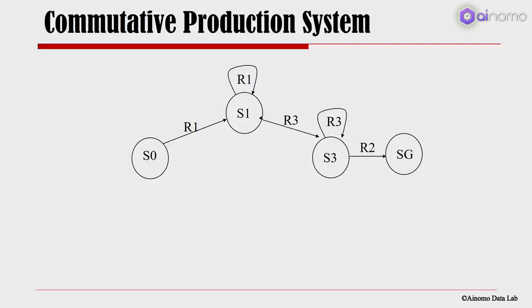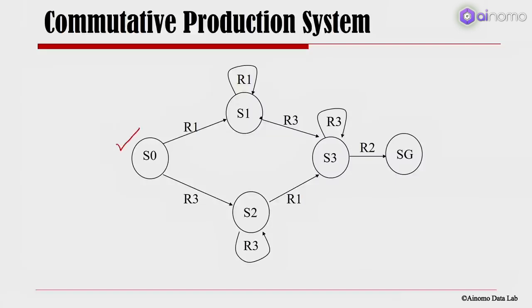But any other combination of these three could also take me to SG if the system is a commutative production system. So I could arrive at S2 applying R3. From there I could still apply R1 and arrive at S3, and from S3 I could apply R2 and arrive at SG again, which is my goal state.